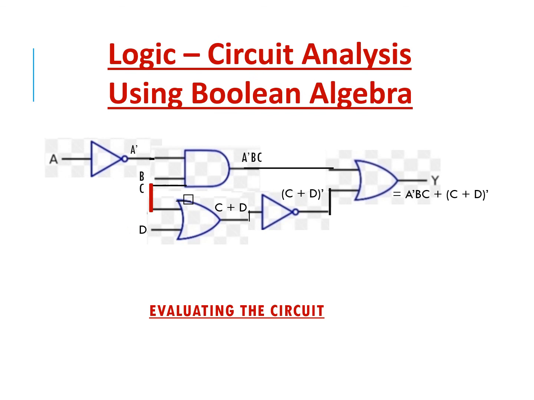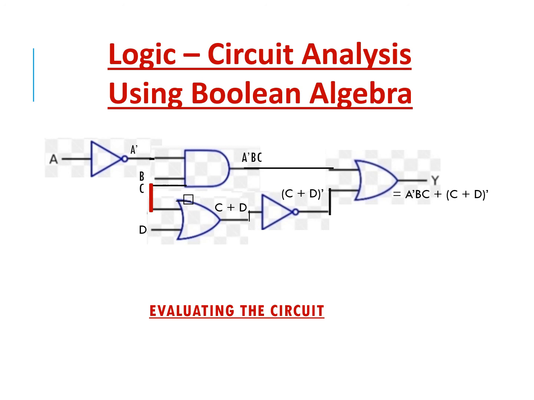Now in this particular case we take a slightly more detailed circuit. A is being fed to the inverter, it becomes A dash or A complement, then it is being fed to the AND gate, and then the B variable and the C variable are fed, and it becomes A complement BC. Then the C variable and D are being fed to the OR gate, and it becomes C or D, and that is being fed to the inverter.